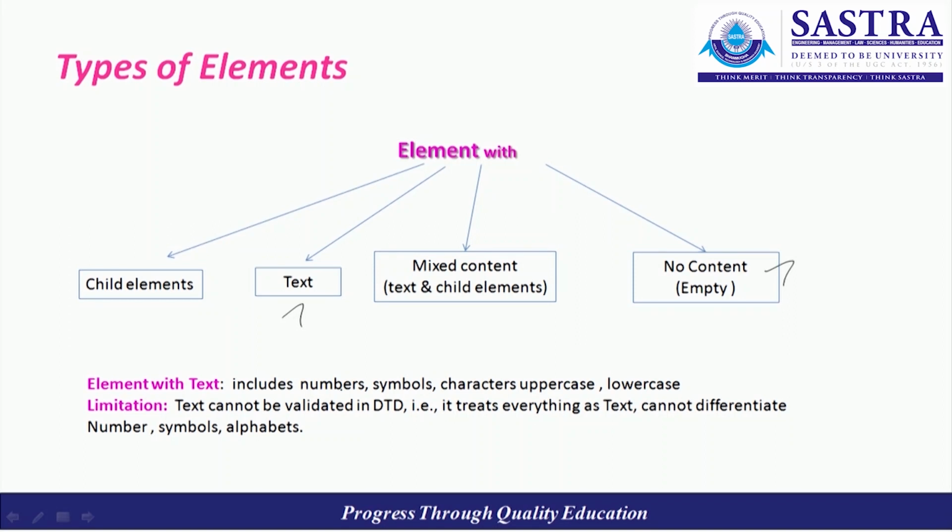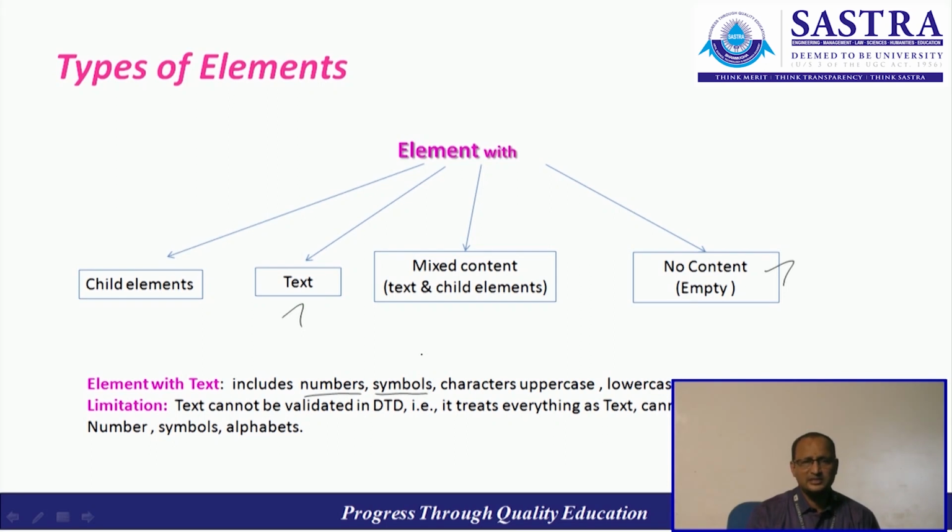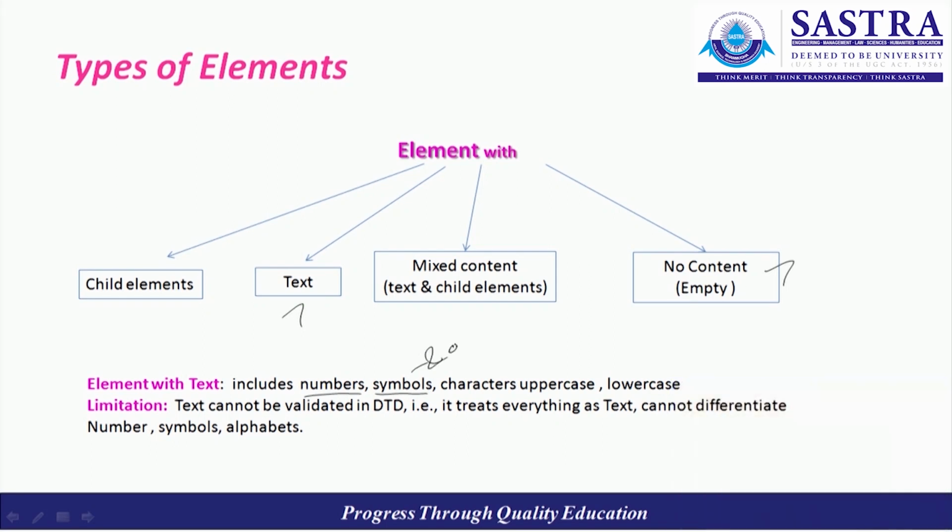The element with the text, which includes numbers, symbols. The symbols include less than, greater than, ampersand, single quote, double quote. These are special entities. So a definition is not required, but these symbols can be included as special entities.